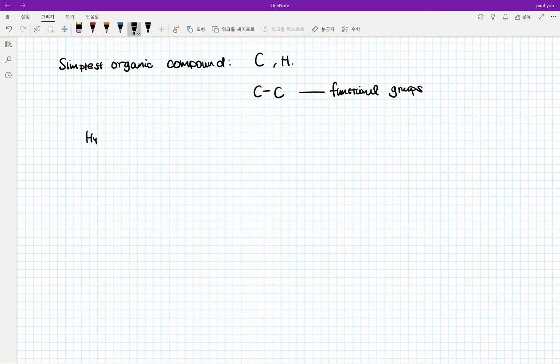Hydrocarbons are divided into two big classes. The first is aliphatic, and the other one is aromatic.